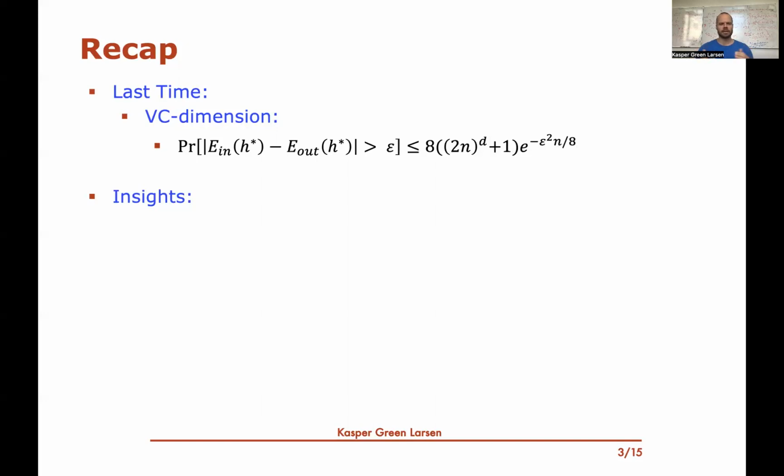So this is basically a formula for arguing that you can trust that the in-sample error is a good estimate of the outer sample error as long as you have enough data.